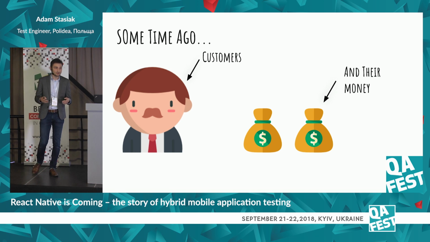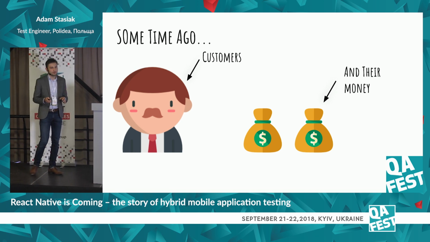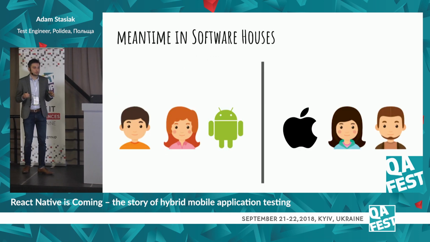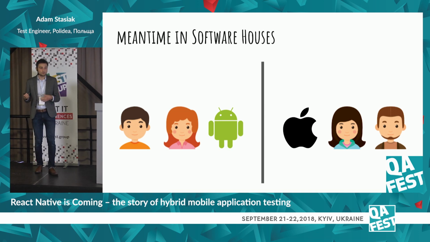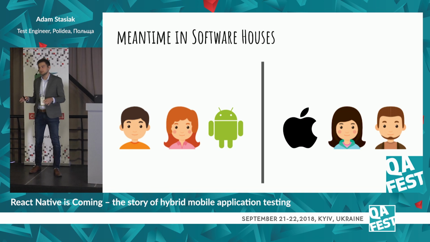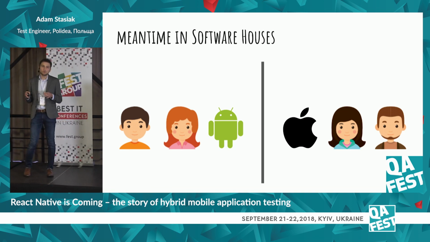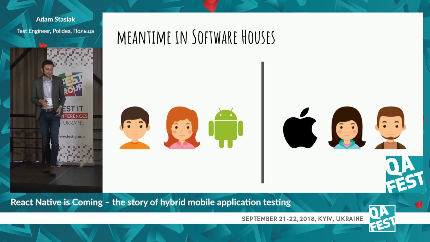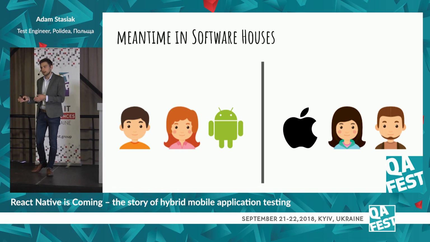And customers had a lot of money, and they could spend that money to write two separate apps for Android and for iOS. That meant that software houses and other companies usually had a structure with a separate team for Android, with Android heads, experts, and one for iOS.